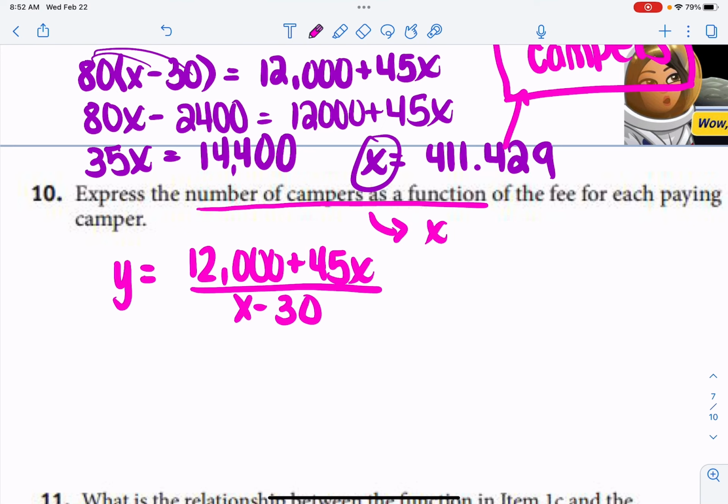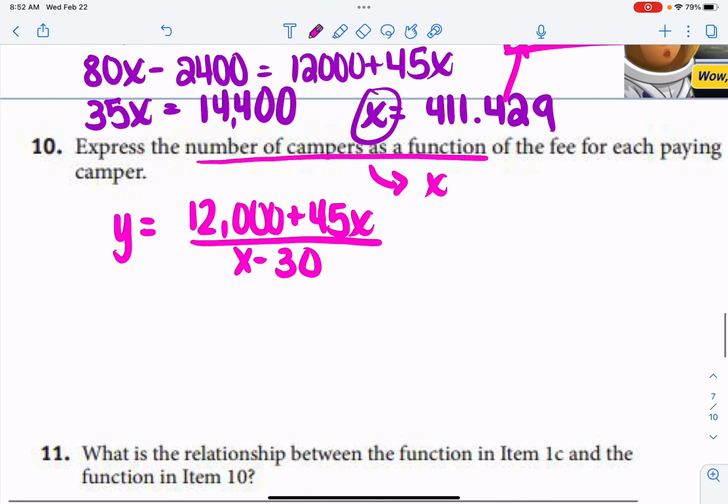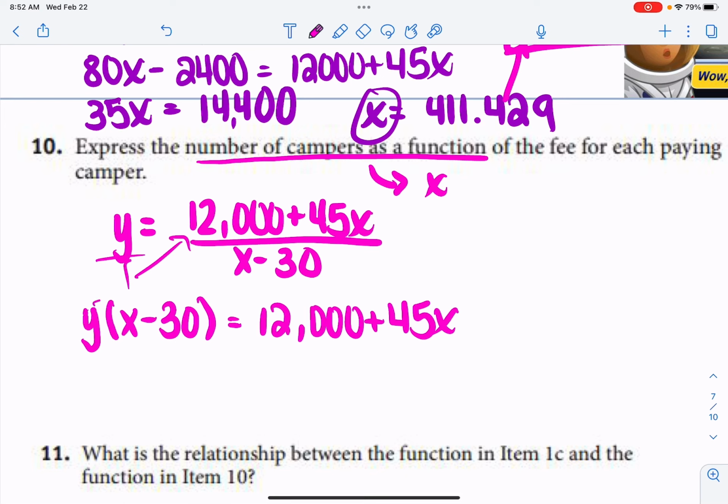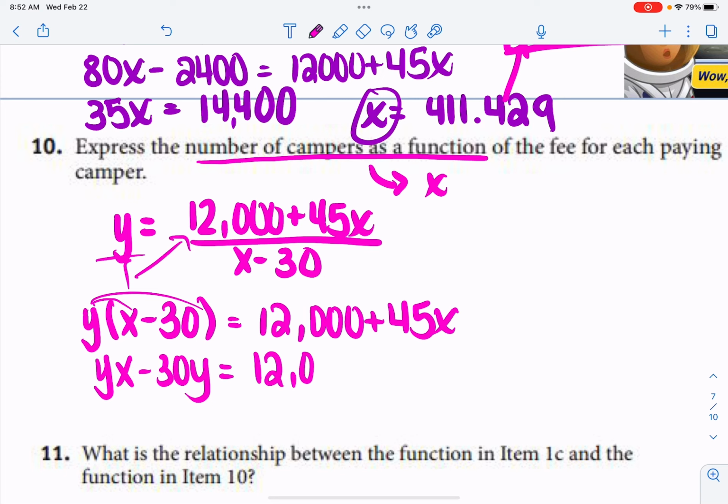And you're solving for x, which means I have to find x. So cross multiply, you're going to get y times x minus 30 equals, this is just the numerator, 12,000 plus 45x. Distribute this, you're going to get yx minus 30y equals 12,000 plus 45x.